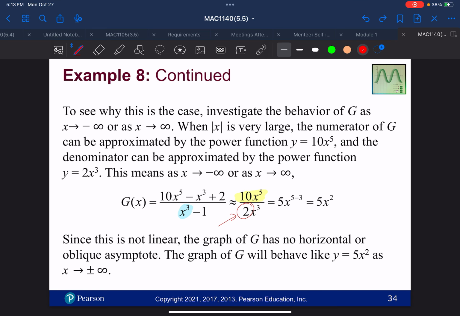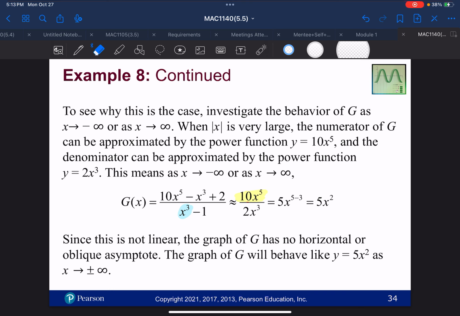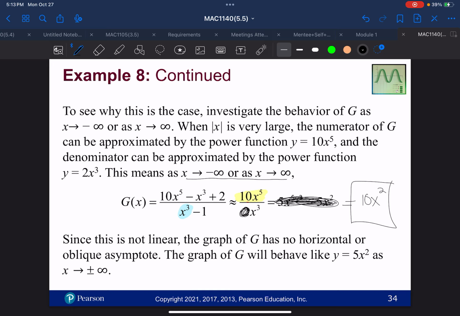So I feel like this is supposed to be not there, which means that this would be equal to 10x squared. So this means that as x approaches negative infinity or positive infinity, our graph will have an end behavior like 10x squared.